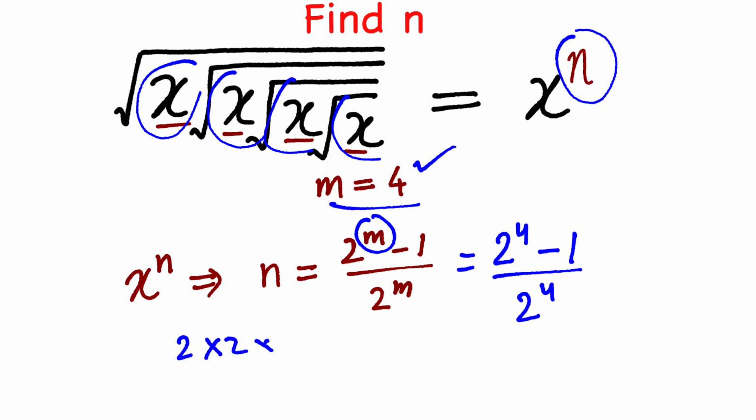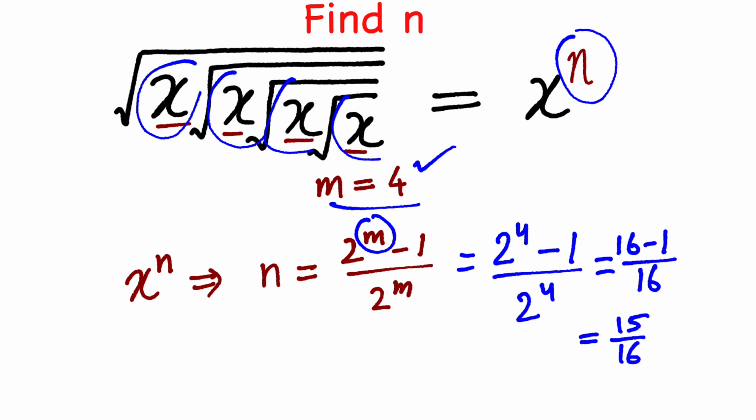It is 2 into 2 into 2 into 2, which is, 2 2s are 4, 4 2s are 8, 8 2s are 16. So this is 16 minus 1 divided by 16, and that is 15 by 16. So now we have the value of n, that is 15 by 16.